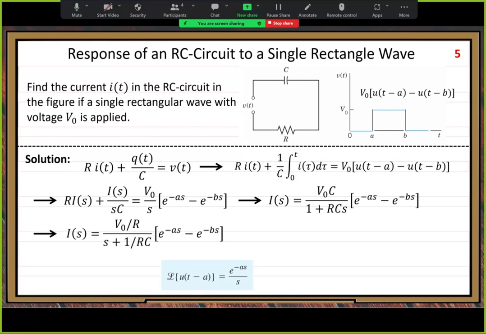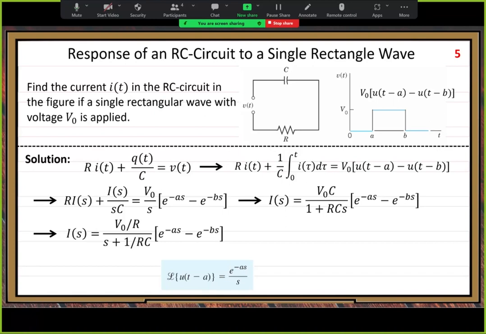Because for the Laplace transform on an integral, you need to do division by s. Capital S, the original Laplace transform, but to get the integral, you need to do division by s. That's our formula. Then apply the Laplace transform on the Heaviside function. You get that.